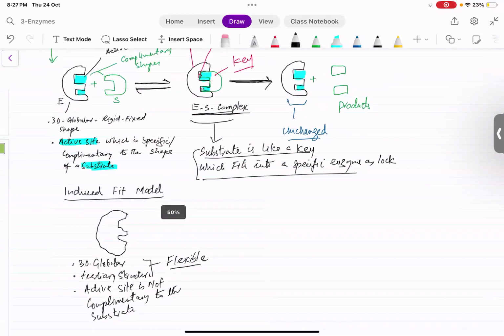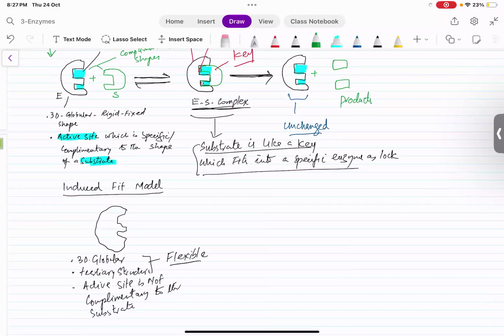It means that if this is, for example, the same substrate as I have drawn earlier, so this is a substrate and this is an enzyme. So you can see the active site, this one part, which is an active site here. See, this is an active site. So this doesn't have a complementary shape to that of the substrate.